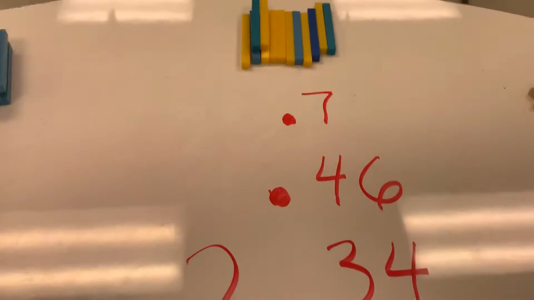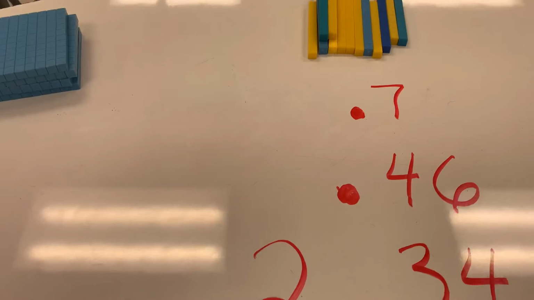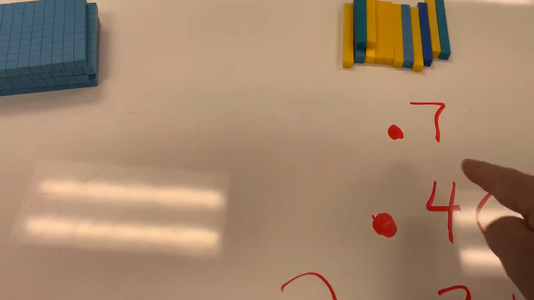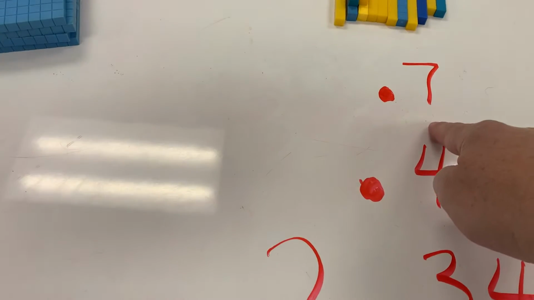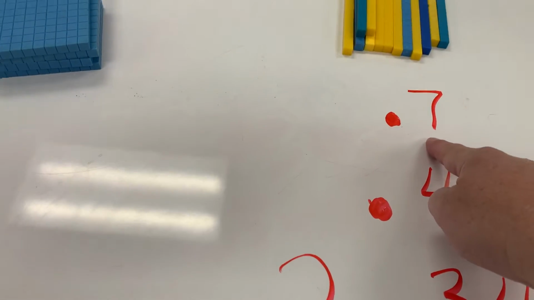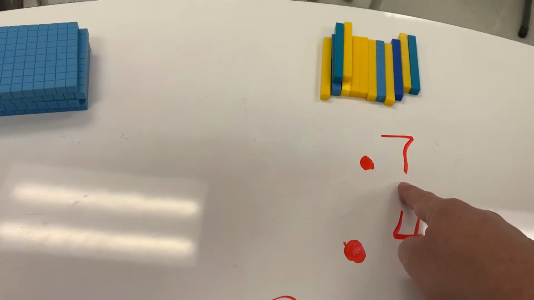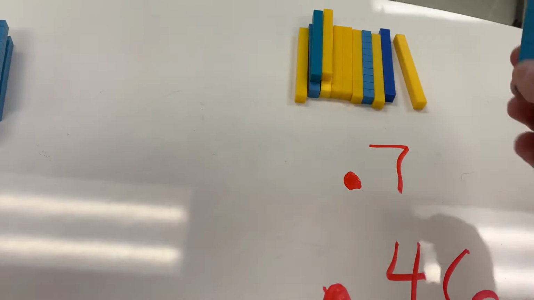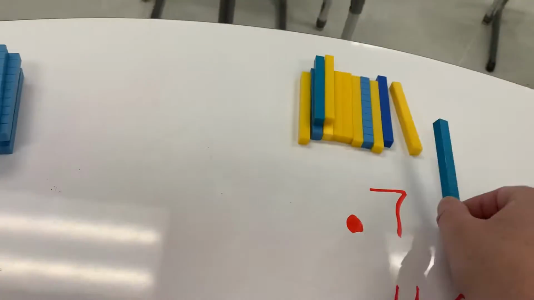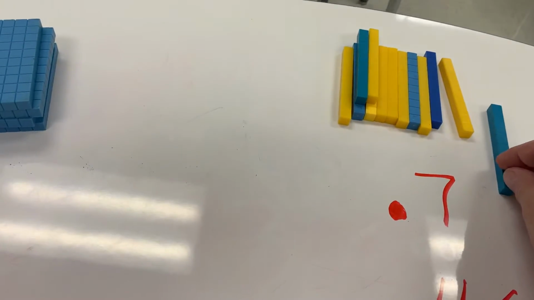All right, so here are your three problems. We're gonna start off with this one. Last week we learned that this is in what place value? That is the tenths. Okay, so in base 10 blocks, we're gonna represent tenths with these number sticks, okay?